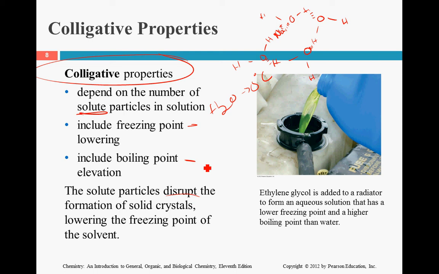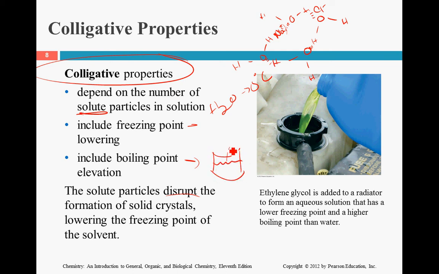Boiling point elevation is very similar. You're still going to have those positive and negatives in here that are interrupting, but instead of it boiling away, these negative and positive charges are so attracted to the water, it's pulling it down. Here is a beaker.